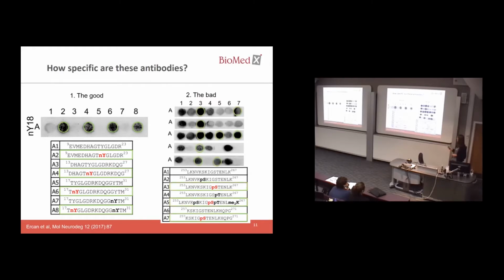So while these antibodies seem to detect the peptides they should, there are some very strong cross-reactive dots here, and especially here the non-phosphorylated peptide, but also sometimes the neighboring threonine when it's phosphorylated are detected. Or here another one on spot 6. This is also a non-phosphorylated peptide.